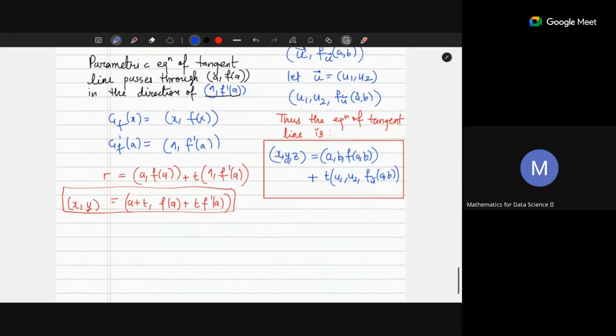All right. Now from this parametric equation, one can obtain another version of it. For example, one can write everything in terms of t.